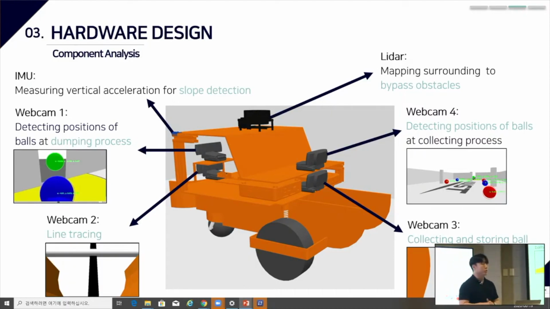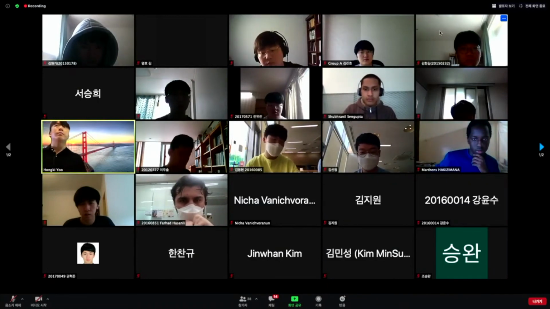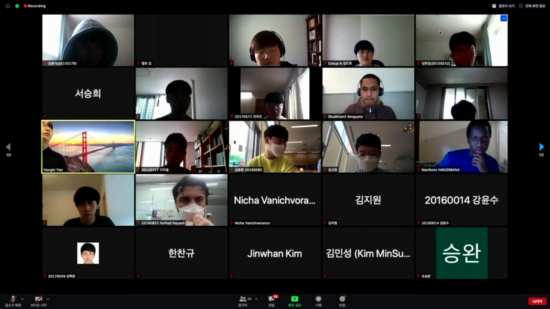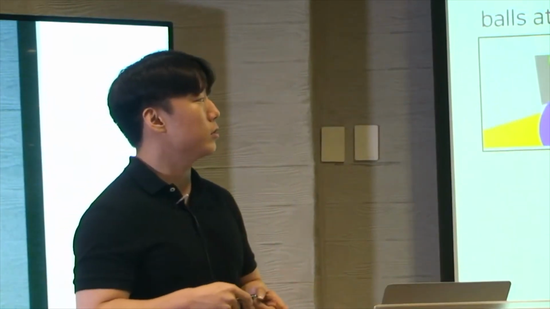The third webcam is used to collect and store the ball. And the fourth webcam, the most important one, is used to detect the balls in the harvesting zone and calculate the coordinates of each ball. And the LiDAR, placed at the top of the robot, is used to map the arena and bypass the obstacles.